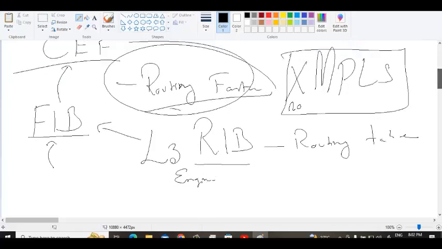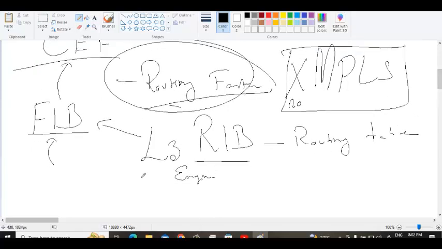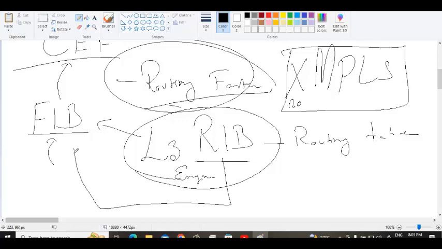Copy that Layer 3 routing information into the Layer 2 table so that you have no need to go every time to the Layer 3 engine. You understand? The Routing Information Base is duplicated. It is copied and saved in FIB, which is in Layer 2. CEF is where? Layer 2.